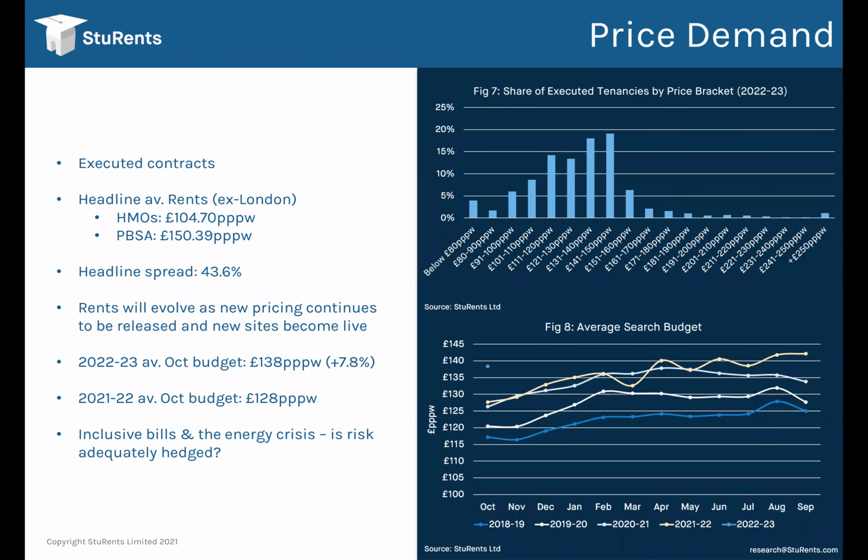So for tenants that have entered into all-inclusive tenancy agreements, if the operator suddenly finds themselves exposed to much higher utility prices and costs, there is very little they can do in terms of passing that cost on to the tenant if it's baked into the underlying tenancy agreement. So that is something that is worth bearing in mind, and it's going to be very interesting to see how that plays out over the winter, to see if there are any casualties because of that. So that's something we are keeping a close eye on.